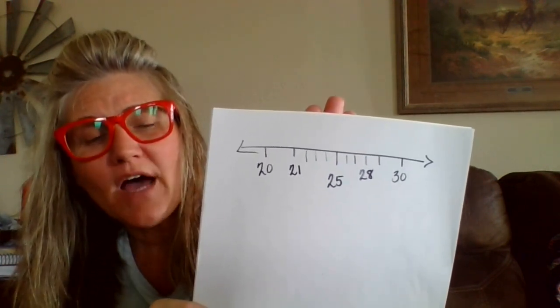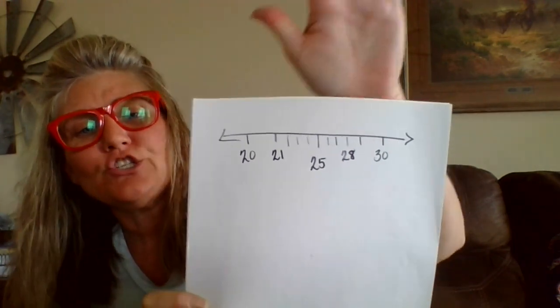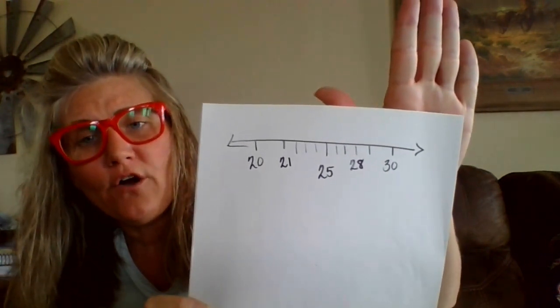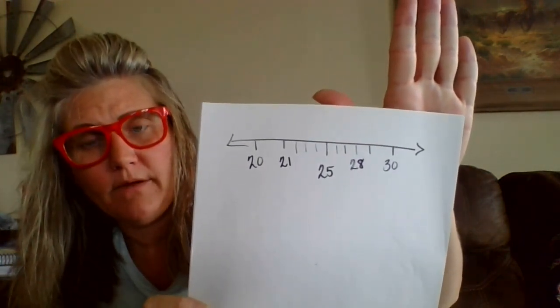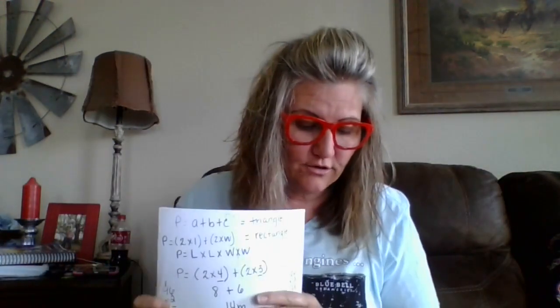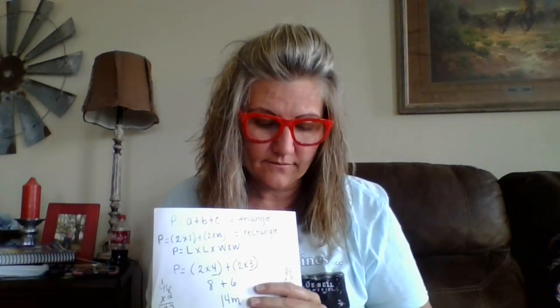So at 25, you would round up. So you would go to 30. Okay? You would go to 30.